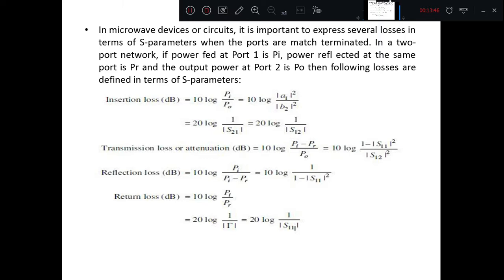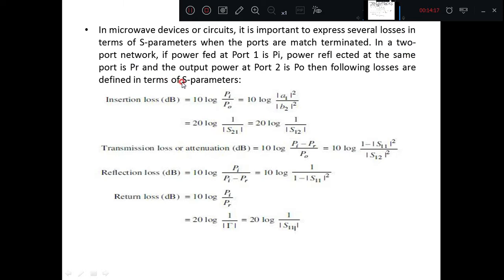Also in a microwave device or circuit, we come across several losses, and those losses have to be defined in terms of S parameters, whether ports are matched terminated or not. In a two-port network, the power fed at port 1 is Pi, the incident power, and the power reflected at the same port is Pr.